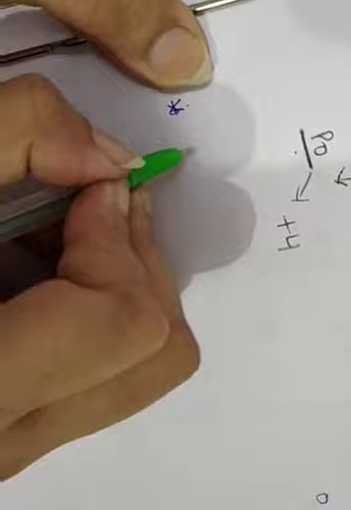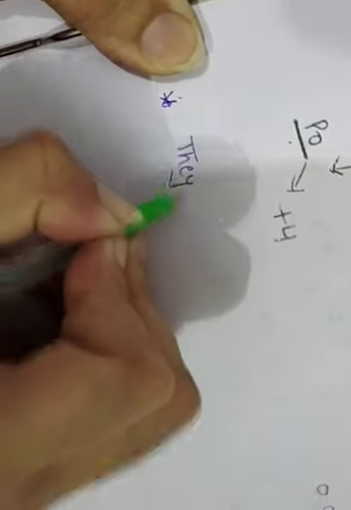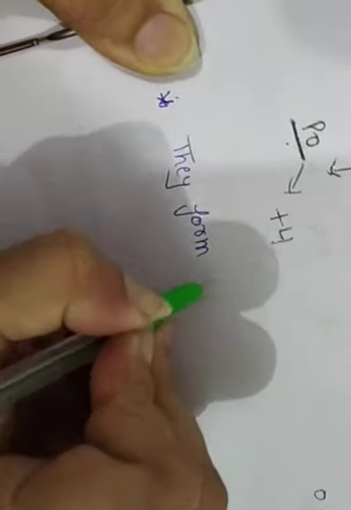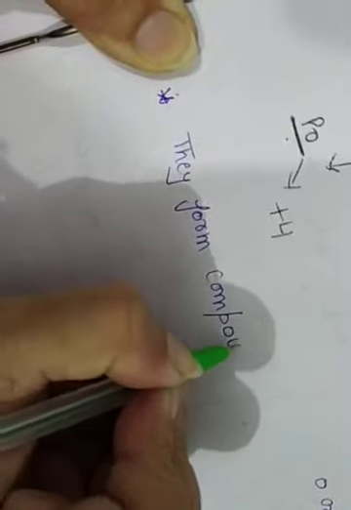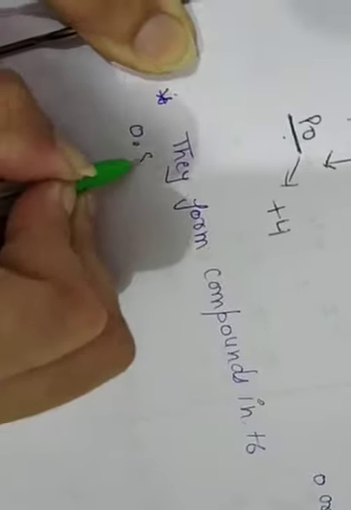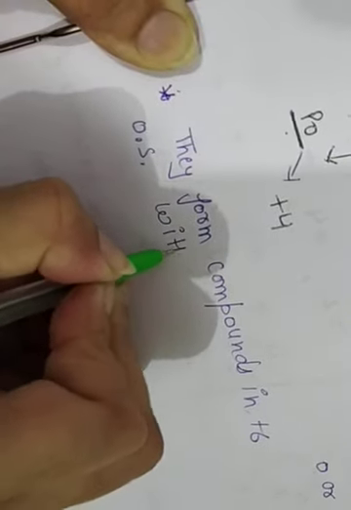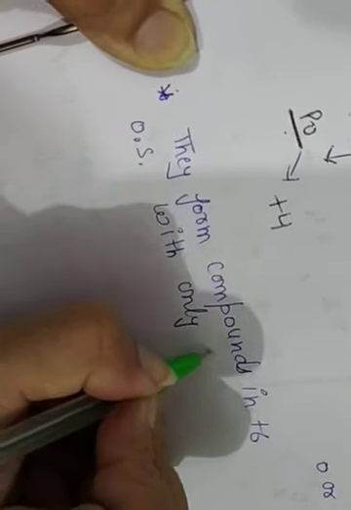If we discuss the +6 oxidation state, they form compounds in the +6 oxidation state with only fluorine, as it is the most electronegative and a smaller size atom.